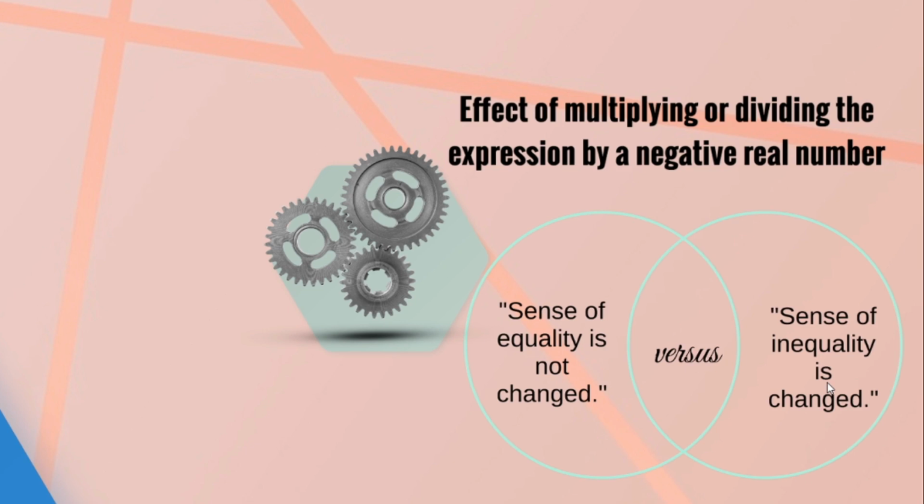So, kung magdi-divide daw tayo ng negative real number, ang ating greater than magiging less than. Kasi yun po ang ka-opposite ni greater than, si less than. At syempre, kung given naman ay greater than or equal, ang ka-opposite po niya ay less than or equal. Okay? Again, kailan pong magpapalit or mapapalitan ng inequality kapag nag-multiply or nag-divide ng negative real number.